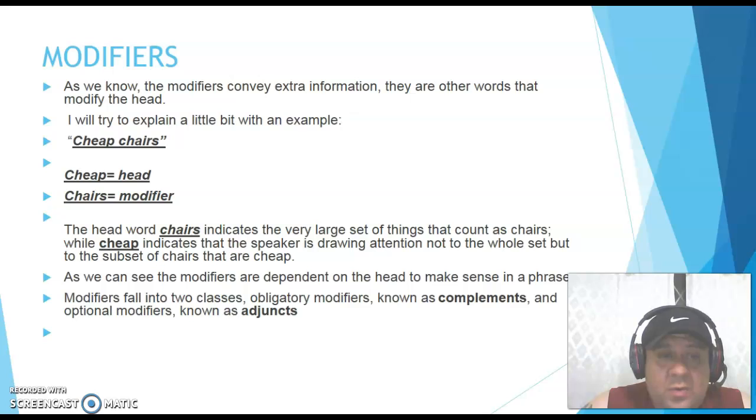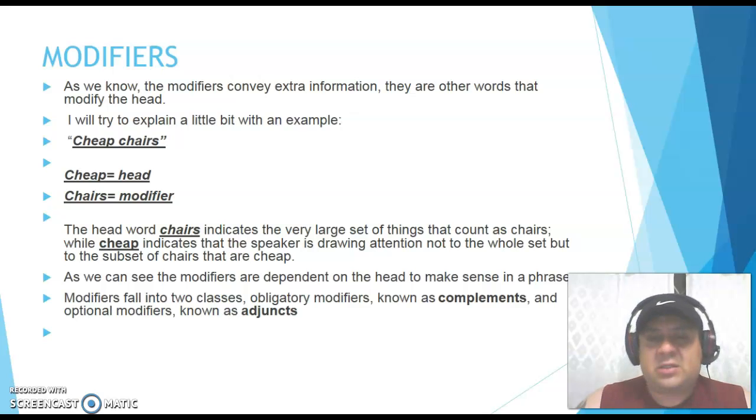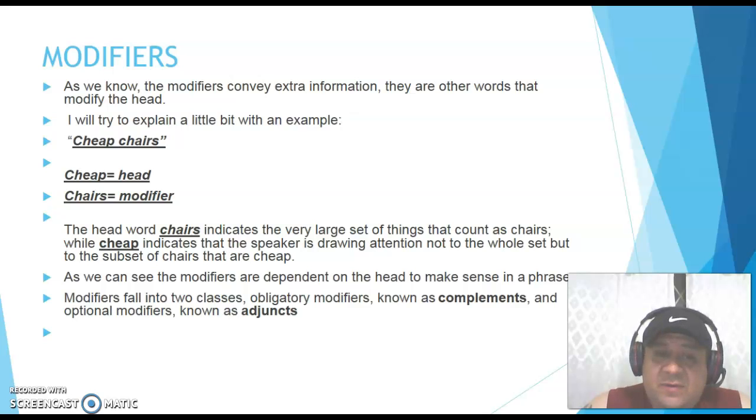The head word chairs indicates the very large set of things that count as chairs, while cheap indicates that the speaker is drawing attention not to the whole set, but to the subset of chairs that are cheap. As we can see, the modifiers are dependent on the head to make sense in a phrase or a sentence. Modifiers fall into two classes: obligatory modifiers known as complements and the optional modifiers known as adjuncts.